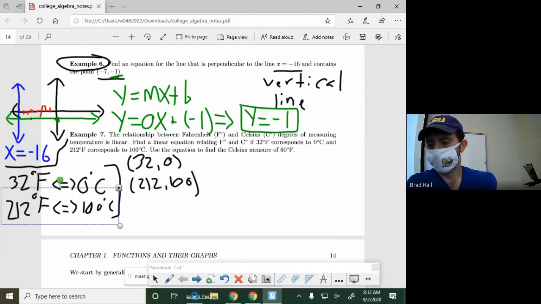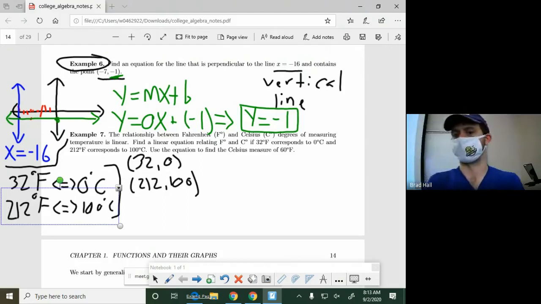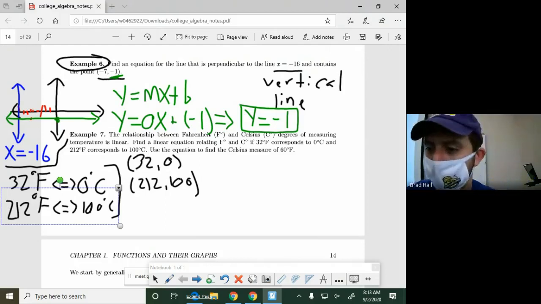We also have a form that we could use, the slope-intercept, or the point-slope form, but that requires us to have the slope. In any case, we need the slope. The slope is very important. We can't do much without it.